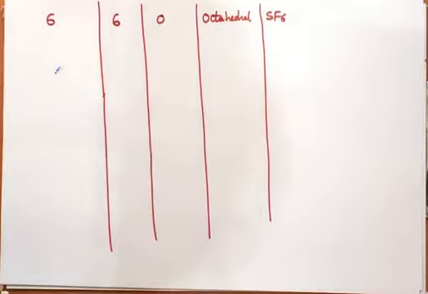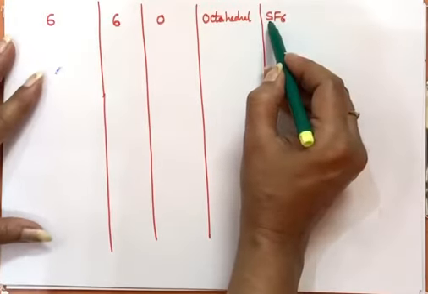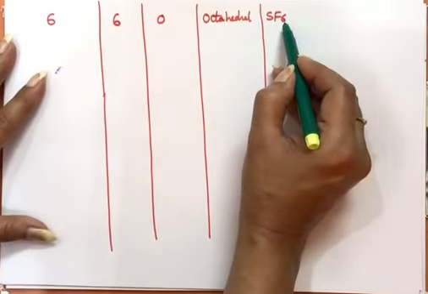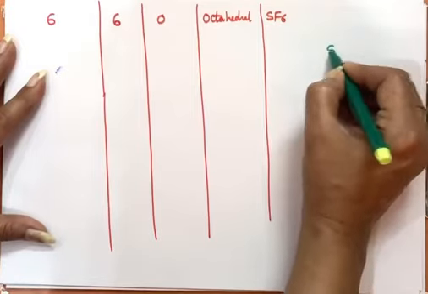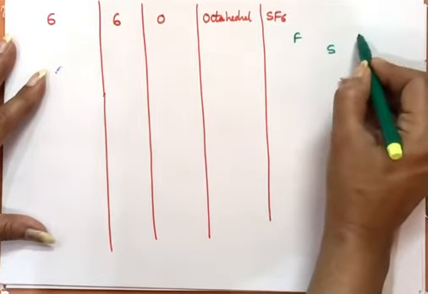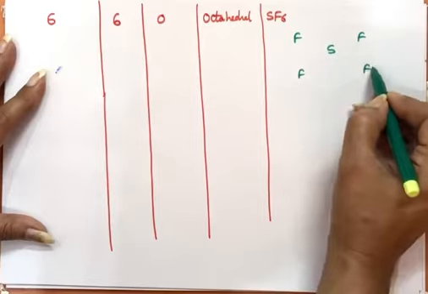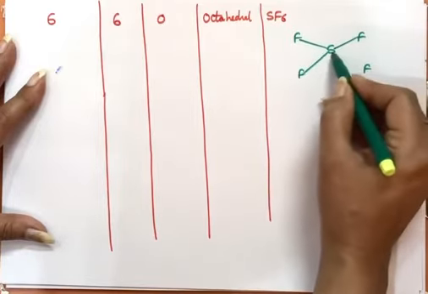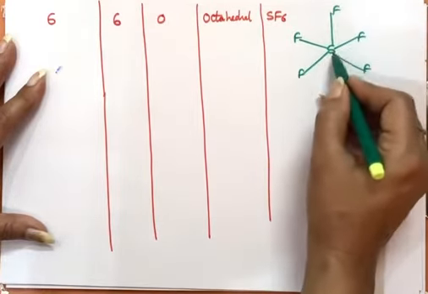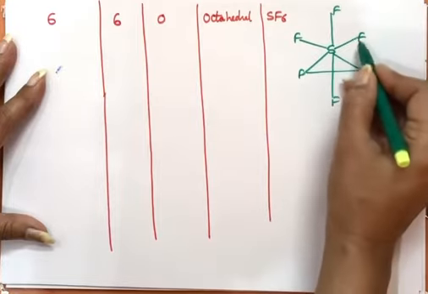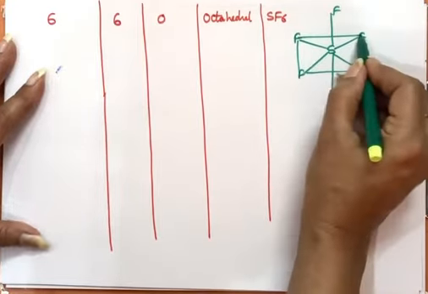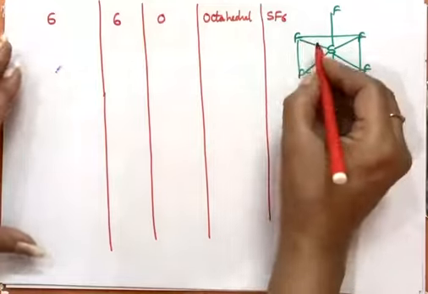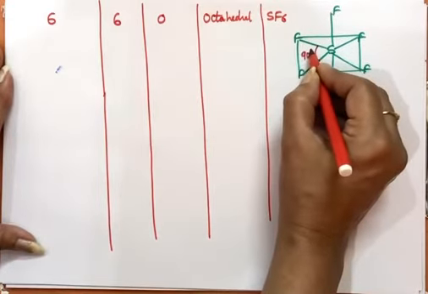Now sulfur here has 6 electrons in the last shell. All 6 electrons are used to combine with the 6 fluorine atoms, and octahedral means 4 fluorine are combining with sulfur from the 4 corners of a square, one above the plane and one from below the plane, like this. This kind of geometry is octahedral, where all angles are equal to 90 degree.